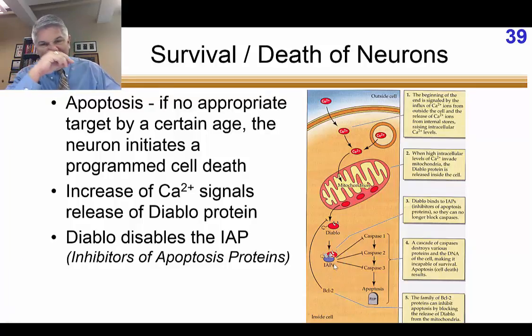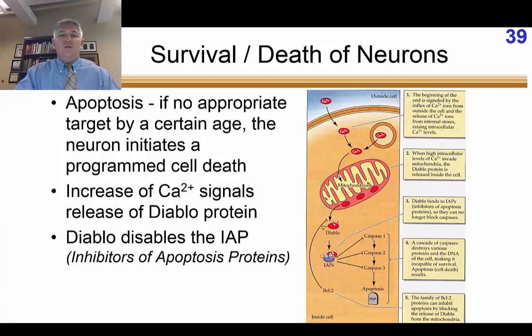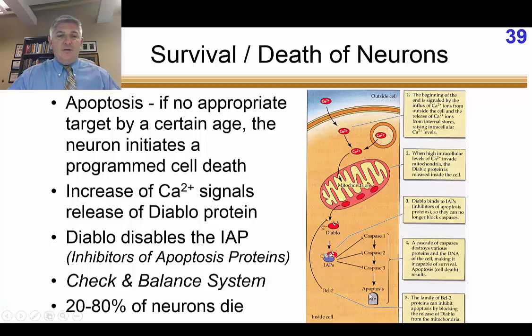So basically, we have a check and balance system. Normally, cells are protected from undergoing this programmed cell death by the presence of these inhibitors of apoptosis proteins. And so when Diablo gets released because there's too much calcium, it can disable that, and then it activates that program of cell death.